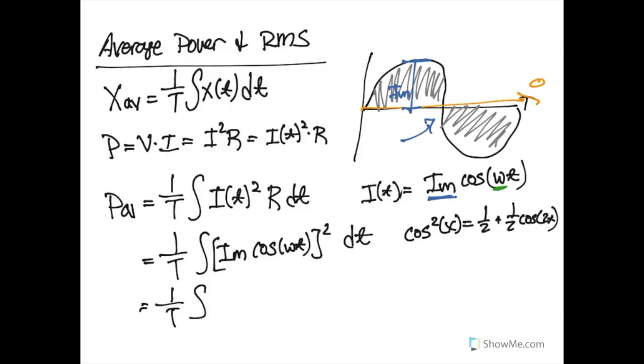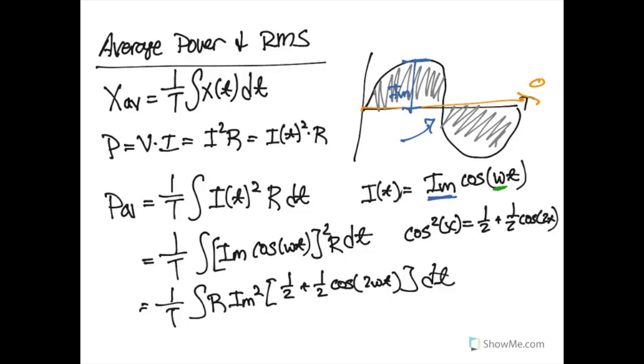We'll pull out our constants, and I forgot to write R here, so R will come to the outside. Our Im squared, which is a constant, is going to remain, and then we'll replace our expression here with 1/2 plus 1/2 cosine 2Wt, and all of this is again over dt.